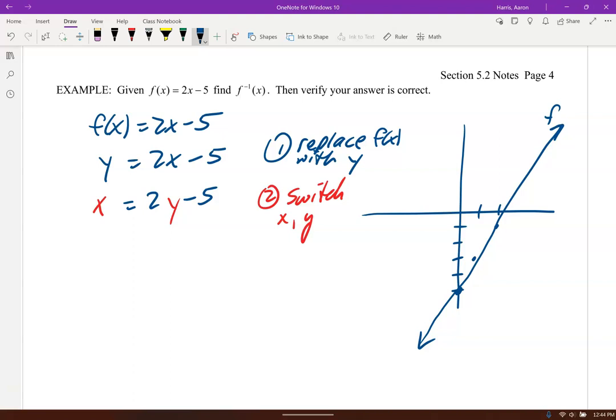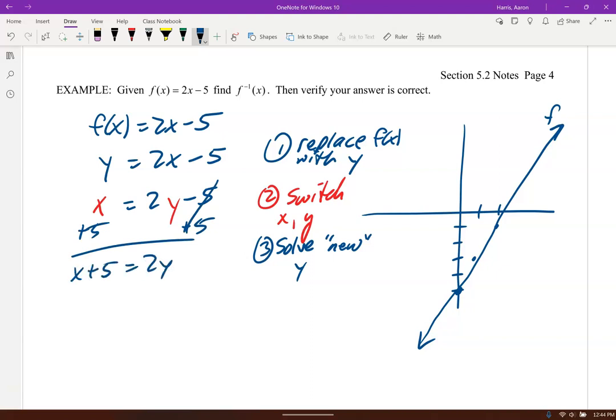Now let's solve for the new y. Okay, so let's add 5 to both sides. So I've got x plus 5 equals 2y. Let me put the 2y over here. And let's divide everything by 2.